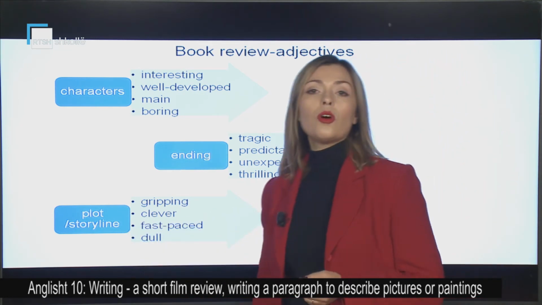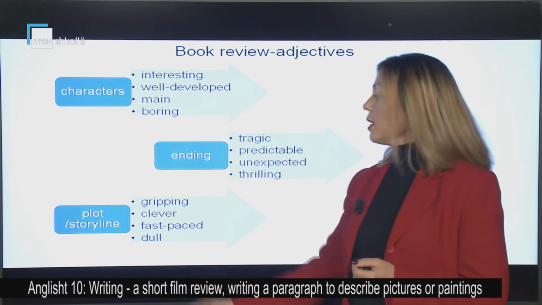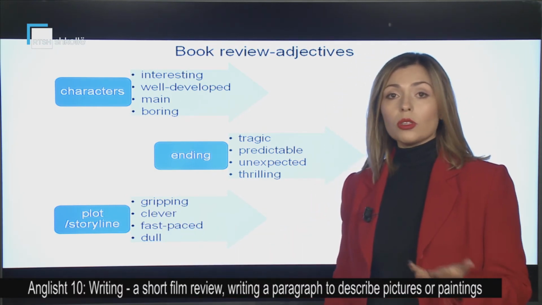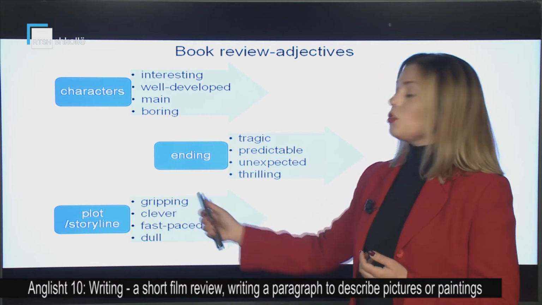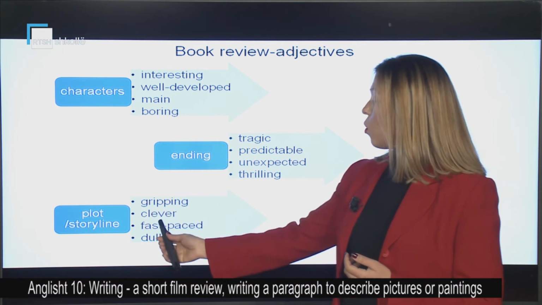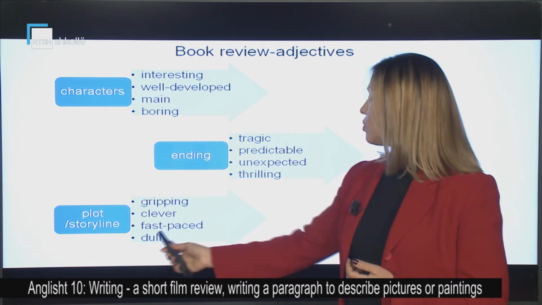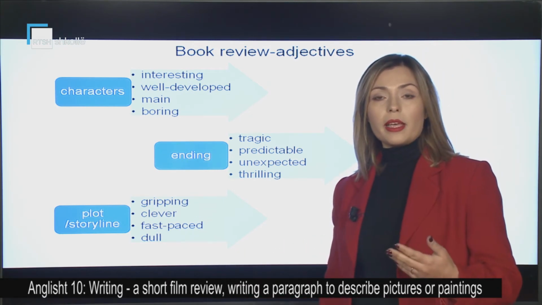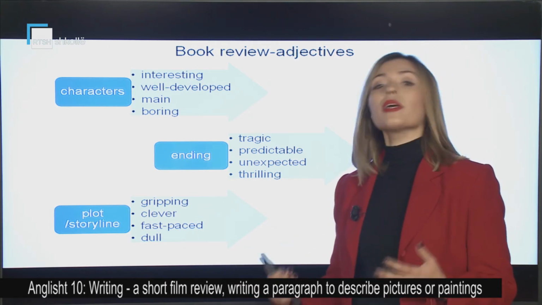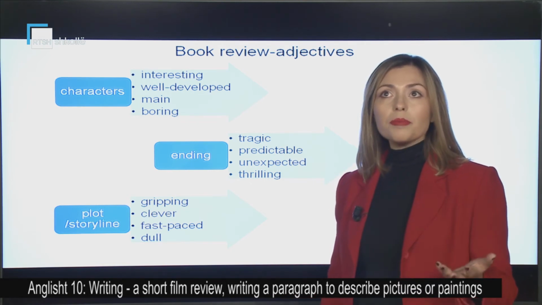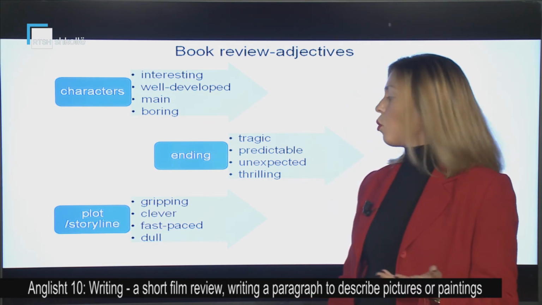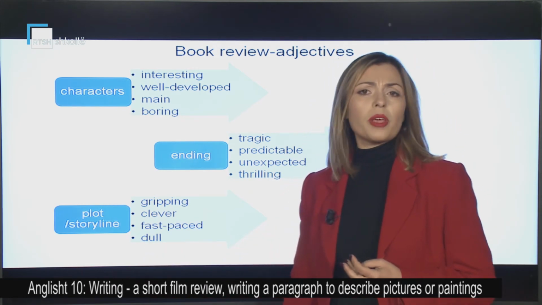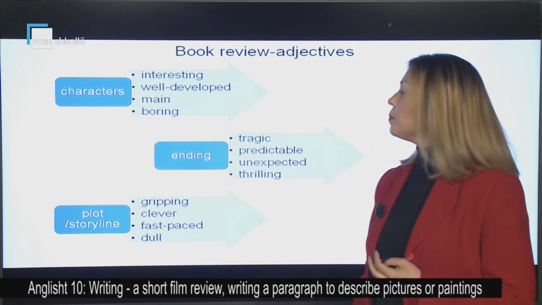The plot or the plot line can be gripping when you feel that you don't know what is going to happen. It's very interesting. Or it's clever, or it's fast-paced, so it goes very quickly. You don't really understand how quickly the scenes or the events go. Or the plot could be dull, boring, not interesting.